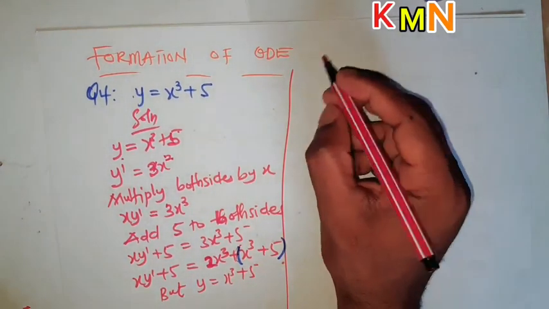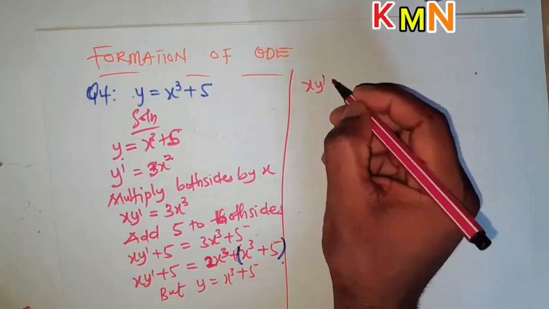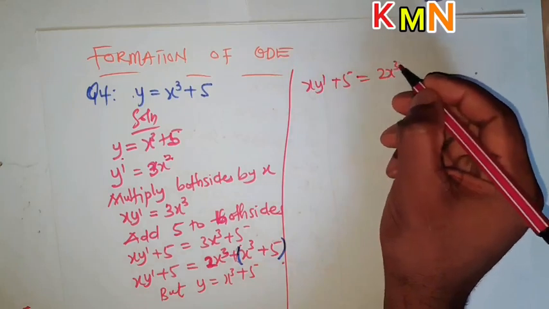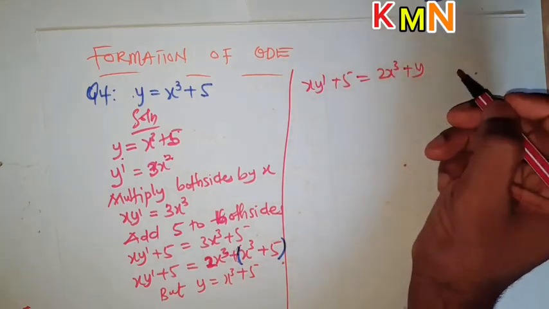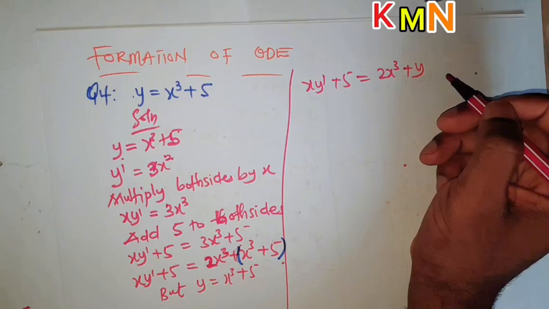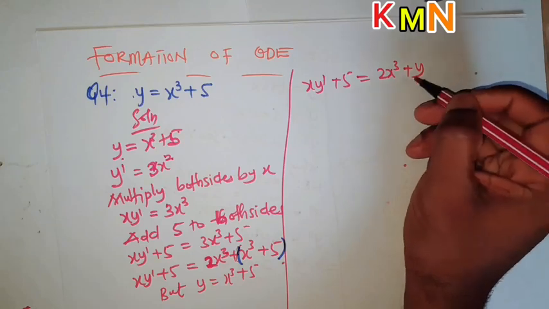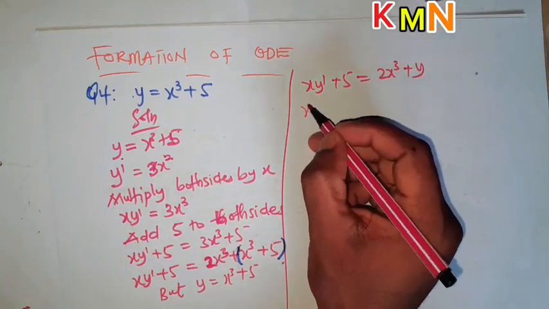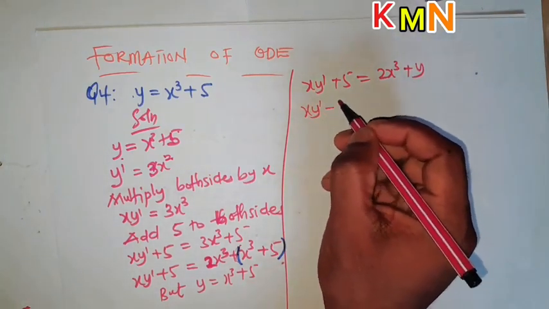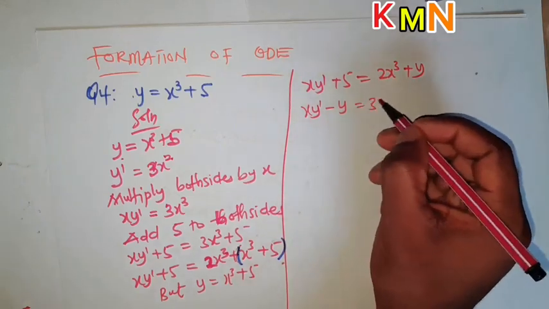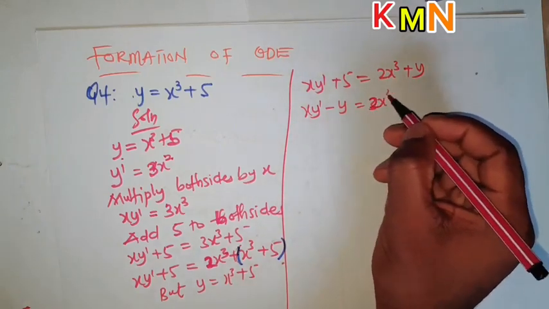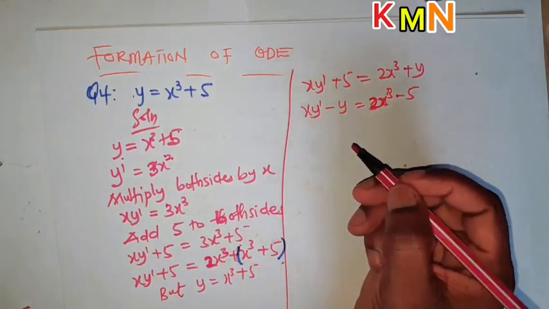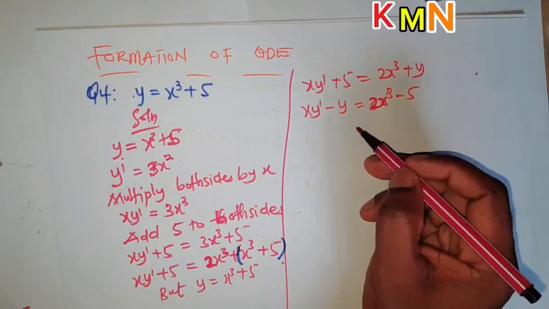So if that is true, then you can say that xy prime plus 5 is equal to 2x cubed plus y. Exactly. So now let me group the derivative and the dependent variable to one side. So xy prime minus y is equal to 2x cubed minus 5. So I can say that this is my first order here.